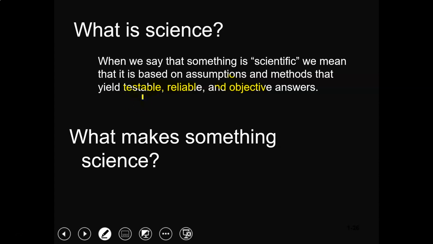Testable, right? Test it. Reliable, those results are accurate. And objective: I don't care what the results say, those are the results.